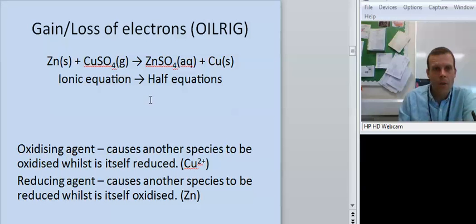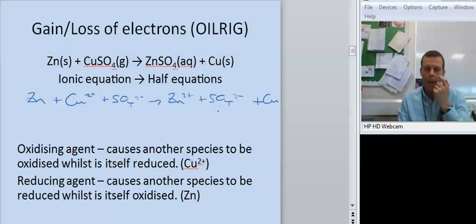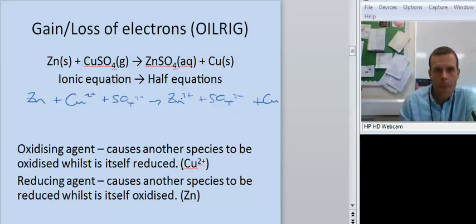So keeping in mind those definitions of an oxidation, maybe we can try and explain what's going on if we break this down into the ionic changes. So if I write this out again as an ionic equation, then my sulfate is a spectator ion.